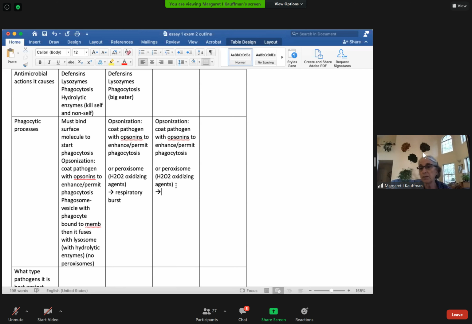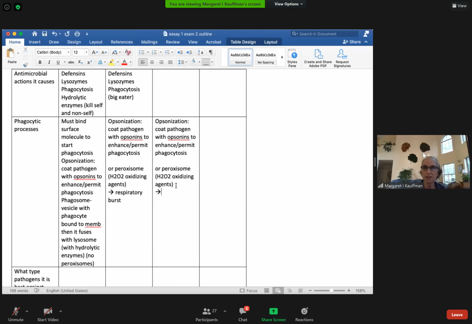Why proteins and lipids? Because they make up plasma membranes and cell walls, and maybe carbohydrates that make up the capsules would have to be digested as well. So lysosomes have this whole cocktail, and there are many different enzymes.